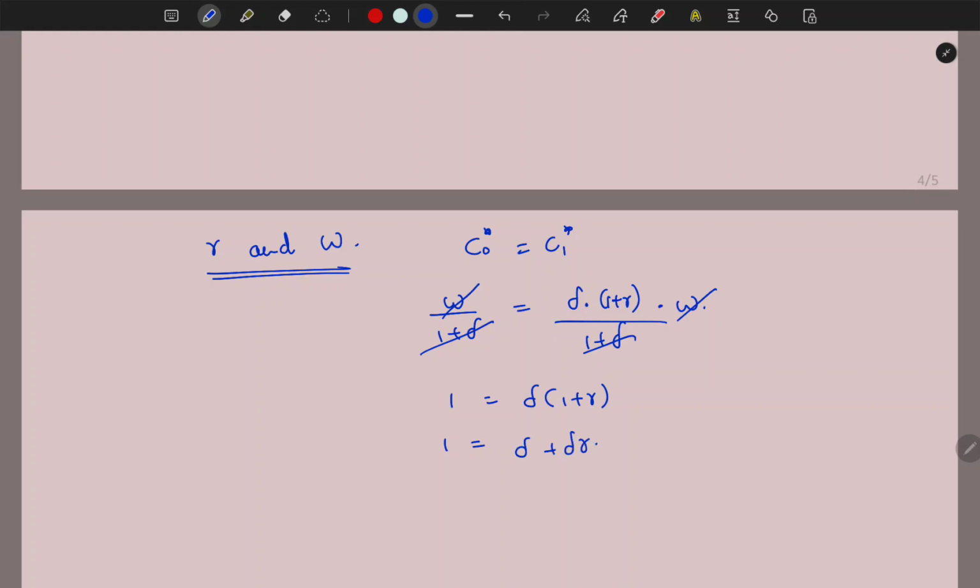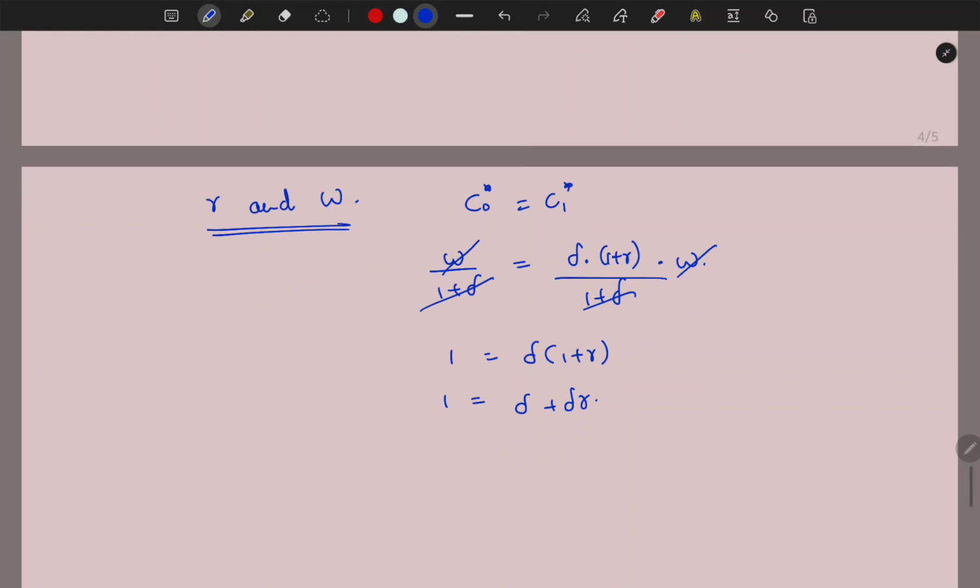So here there is a relation between the interest rate and delta: 1 by delta equals 1 plus R. These two terms are inversely related.